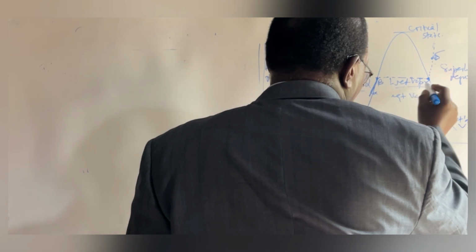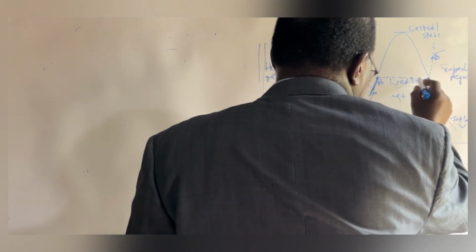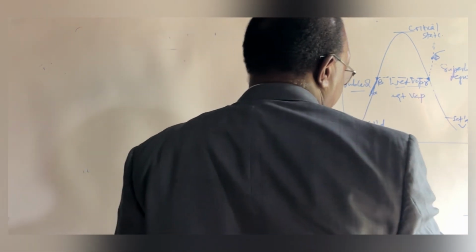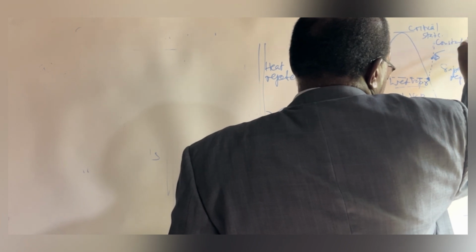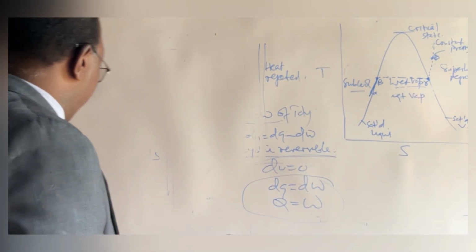And in this particular region, the wet region, the temperature is constant, and this is a constant pressure line. Pressure is constant.